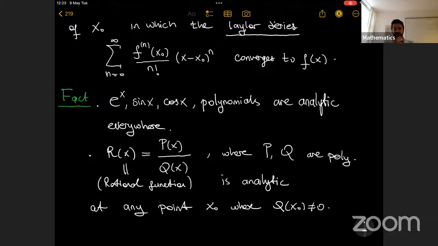Okay, so if the bottom doesn't vanish, then you have again an analytic function. All right.